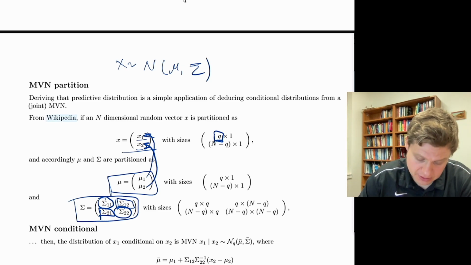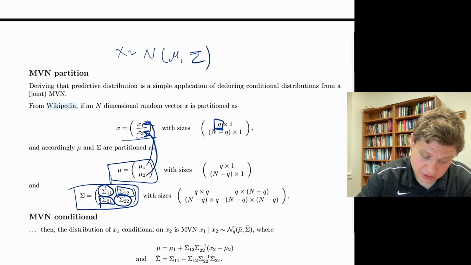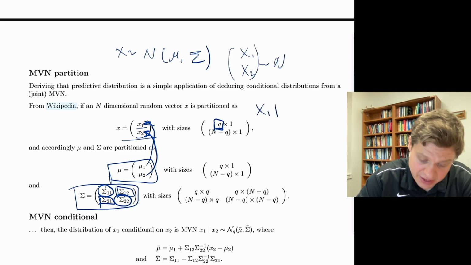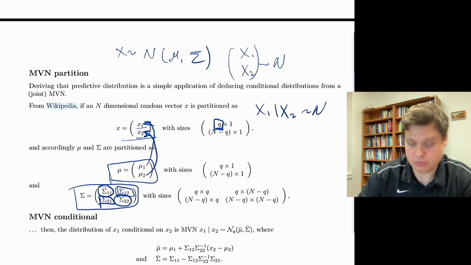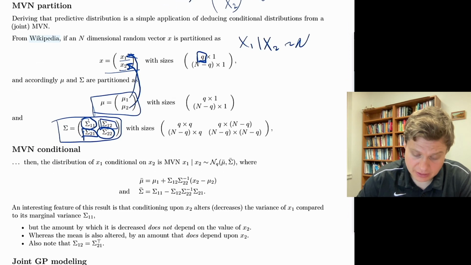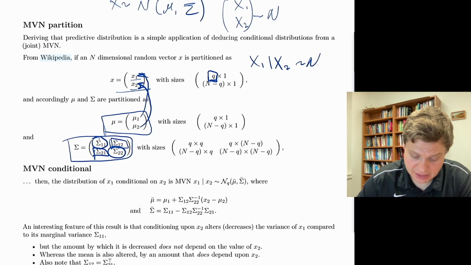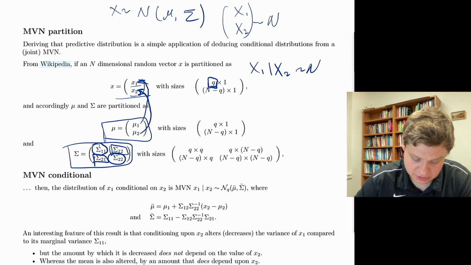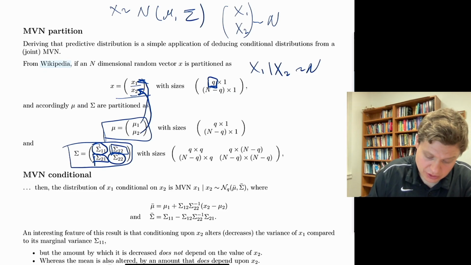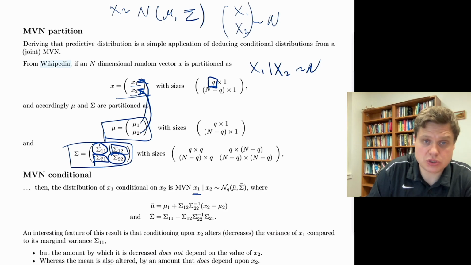Once you've done this, and you know that x1 and x2 jointly follow a normal distribution, then x1 given x2 also follows a normal distribution. And we can actually calculate the covariance and mean of this normal distribution. So here is the conditional: we're interested in calculating the distribution over x1 given x2.